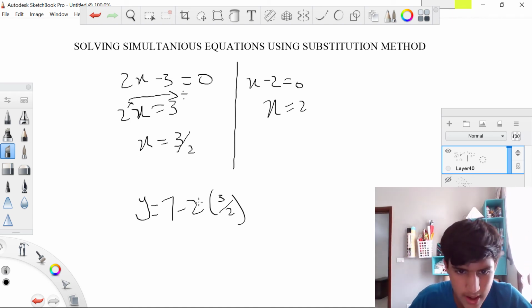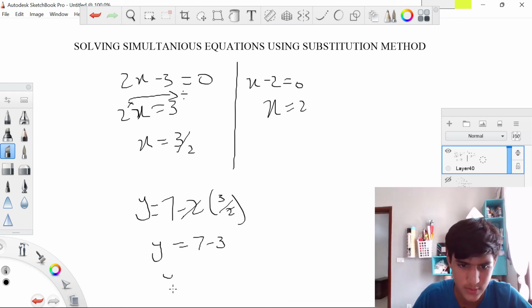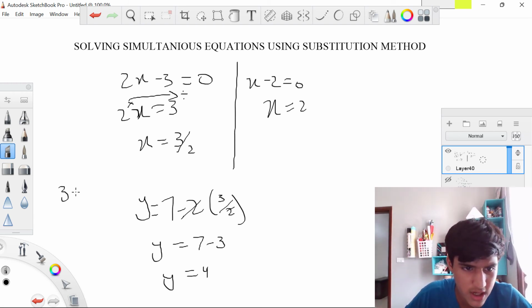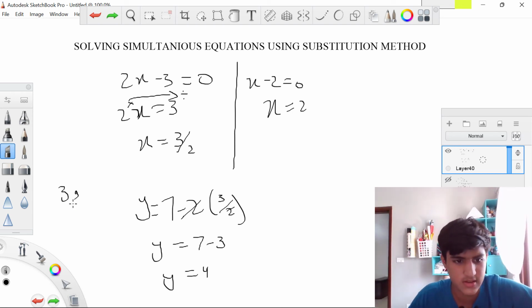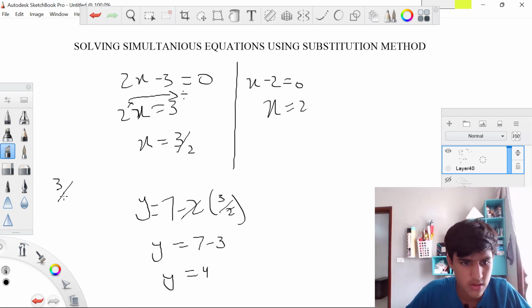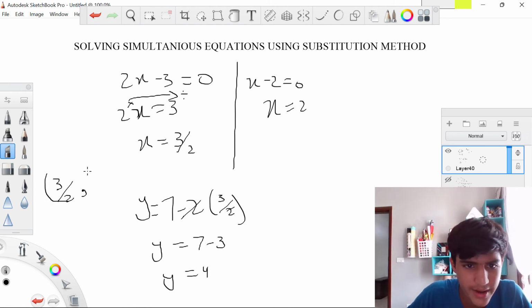Sorry, we're not going to multiply, we cut 2 by 2. y is equal to 7 minus 3, which is y is equal to 4. And we get the answer 3 upon 2 comma 4.